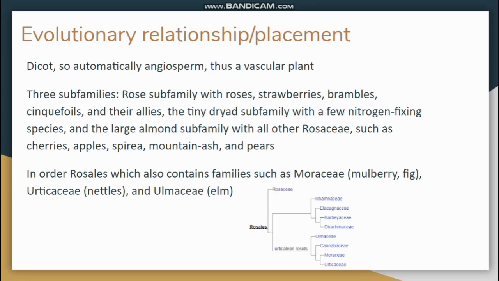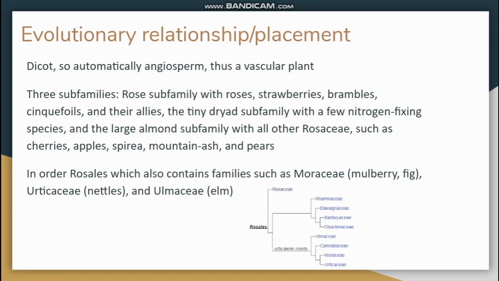If you're a dicot, you're going to be an angiosperm because you can't outgrow your ancestry. You're only a dicot in the context of being an angiosperm. So if you're in the Rosaceae, you are also in the dicotyledonous plants, or eudicots.